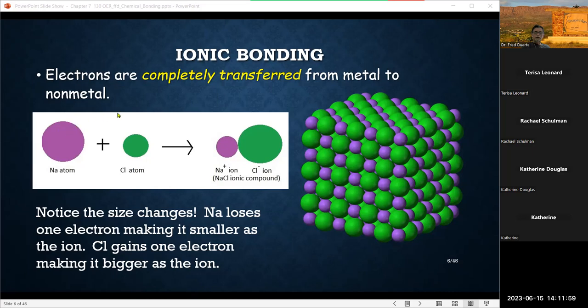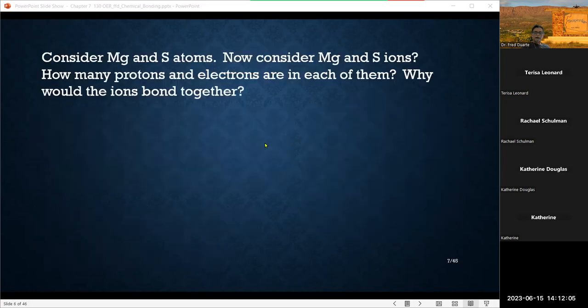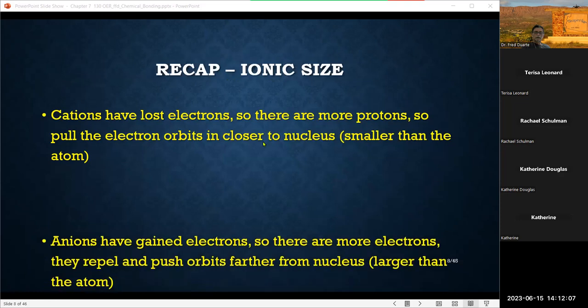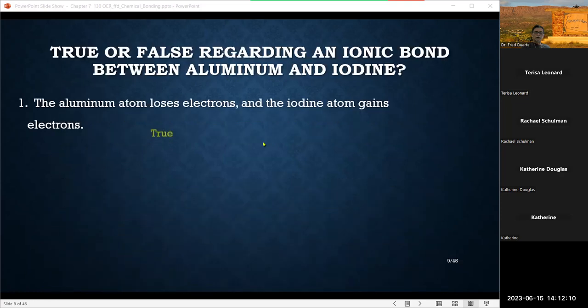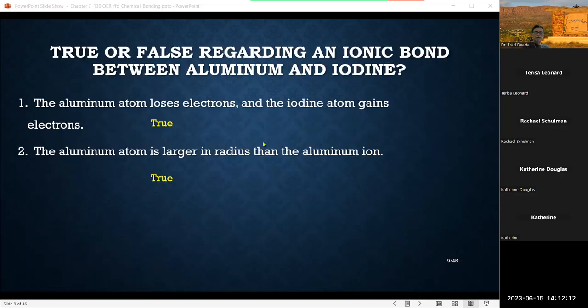See how when they lost electrons, it got smaller. And the anion gains electrons, it got bigger. Okay, so here that's a true statement. The aluminum atom is larger in radius than the aluminum ion. I was thinking the opposite. Yes, exactly.